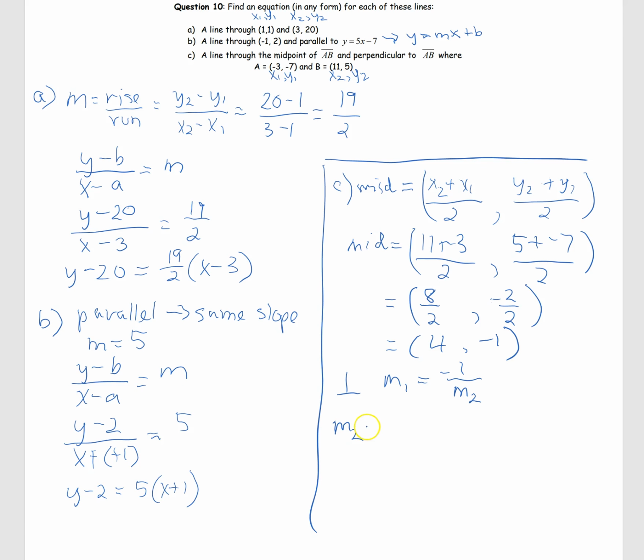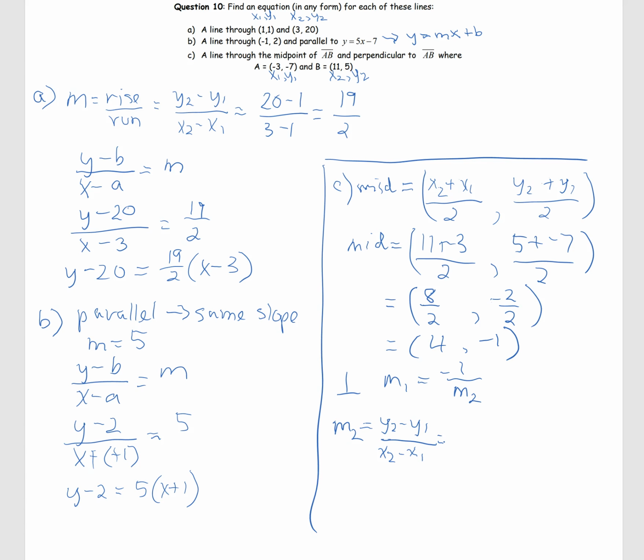And that's going to be equal to y2 minus y1 over x2 minus x1, which I've assigned to points A and B as above.